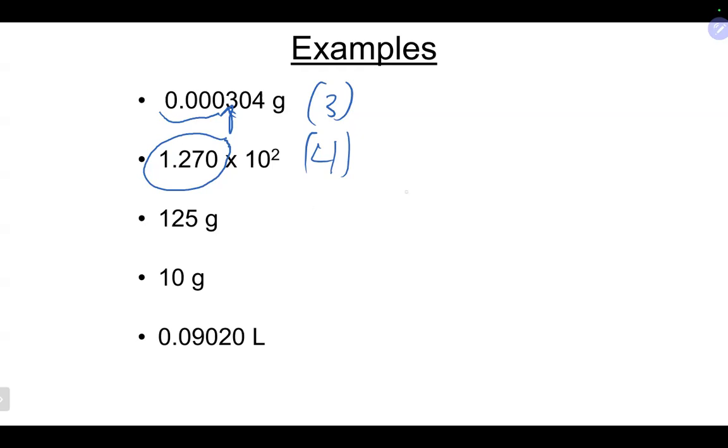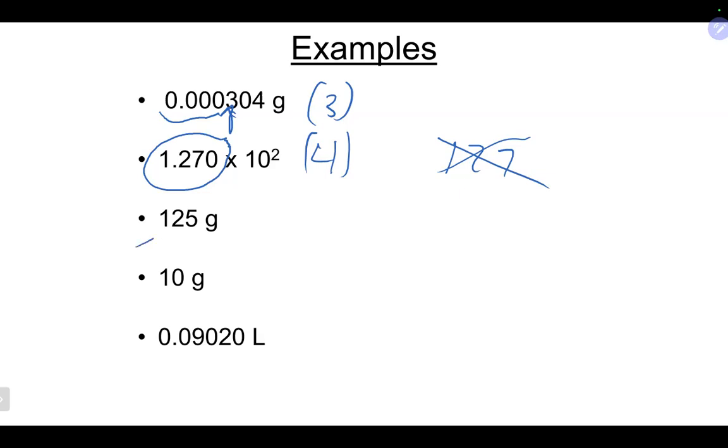They'll go, okay, 2 places to the right, so that's like 127, so it has 3. Remember that if it is written in scientific notation, it's there for a reason, and those numbers are significant. So you don't want to convert it into decimal and then figure it out. Just look at the scientific notation value. Any questions on that?